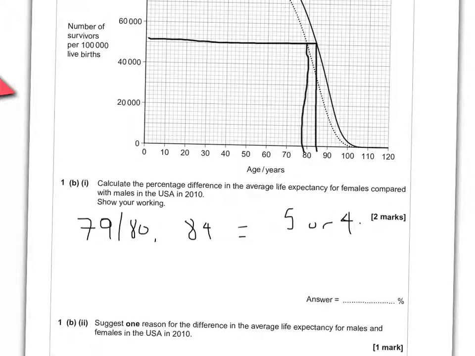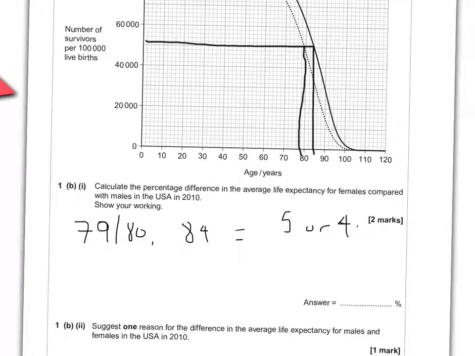So that gives us a difference of 5 or 4, and all you then have to do is divide the 5 by 84, so 5 divided by 84 equals 5.9%. But there are lots of different answers if you had 4 and 79, for example. Notice it's to 1 decimal place. Okay, if you got 5.95, then you show that second decimal place.